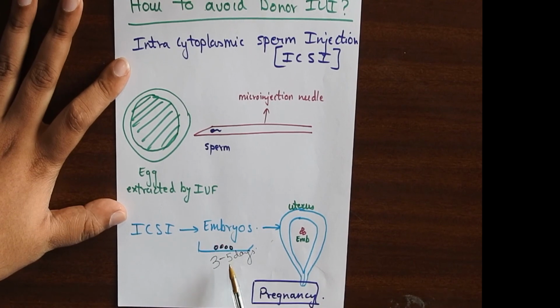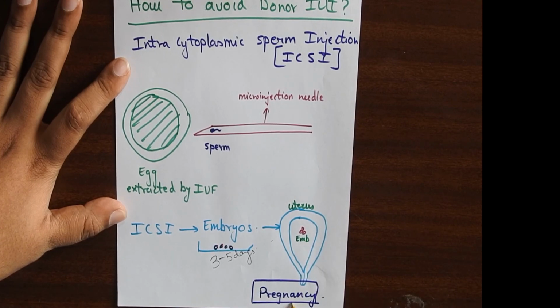Then these matured embryos are transferred into the wife's uterus through the IVF process in order to achieve pregnancy. So this is how, in spite of a low sperm count and low sperm parameters, you can achieve a pregnancy with your own sperms.